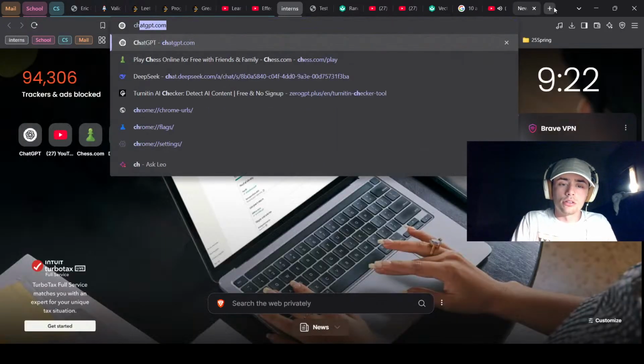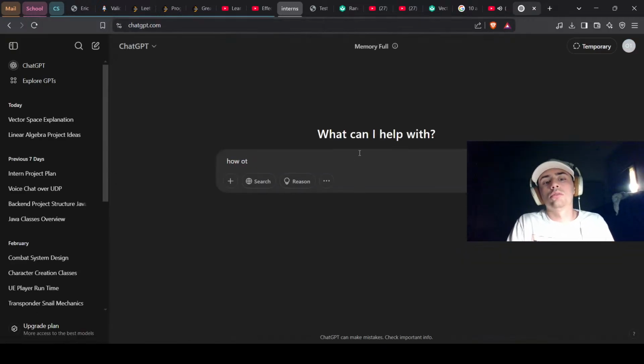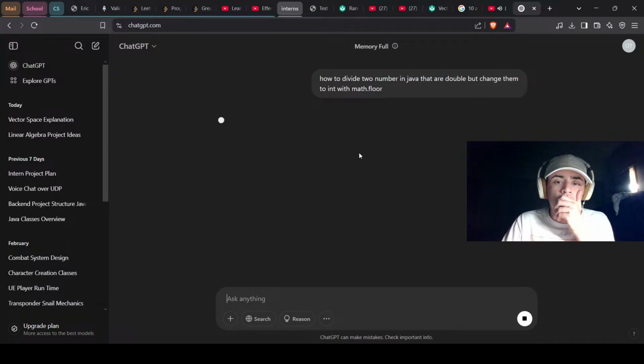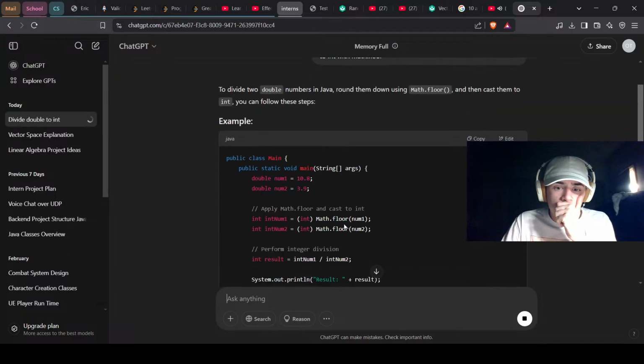GPT, I got a question. How to divide two numbers in Java that are double, to change them to int with math.floor. Math.floor.